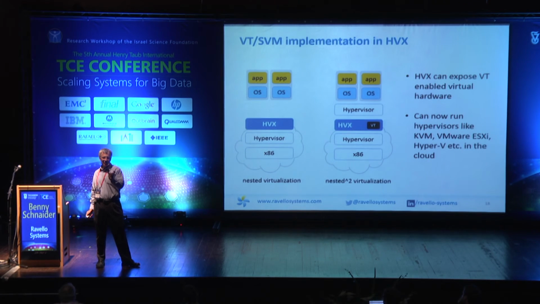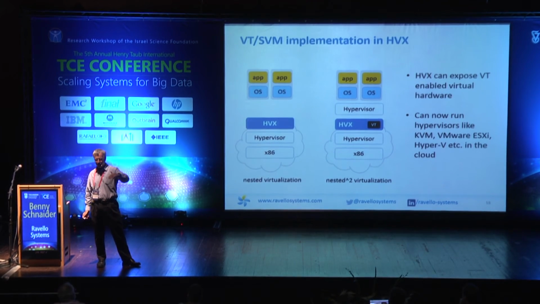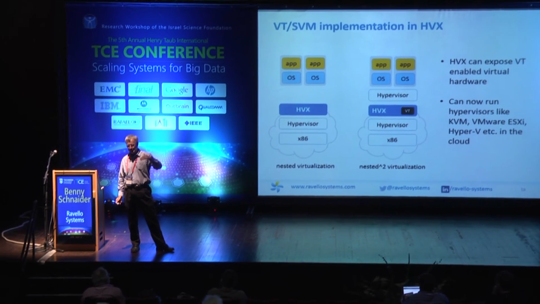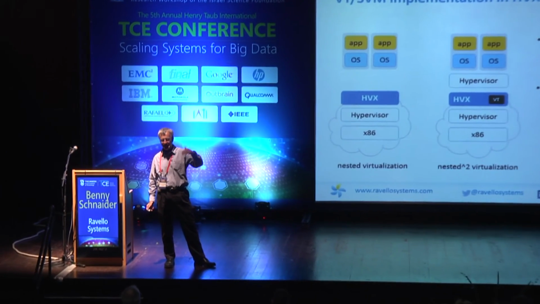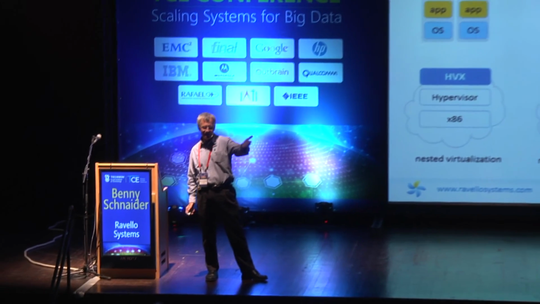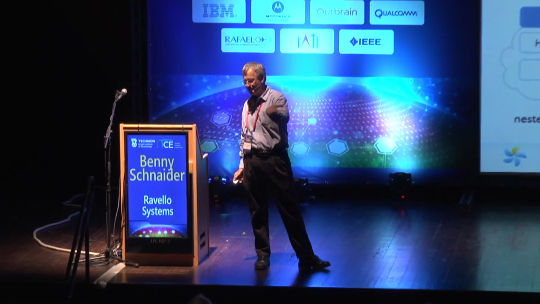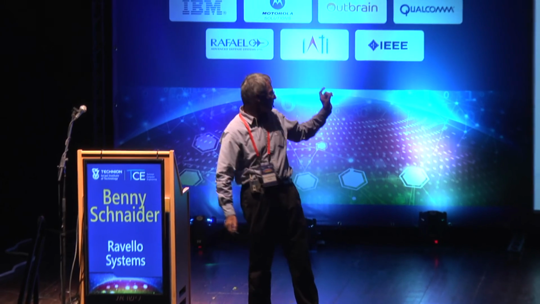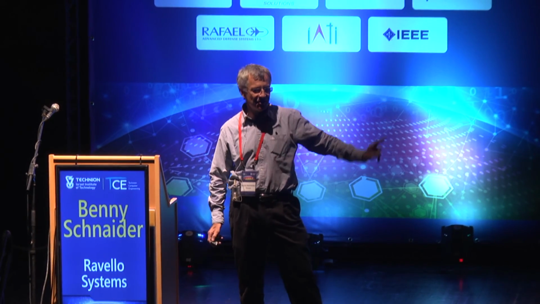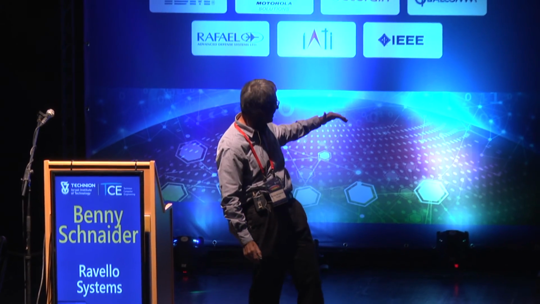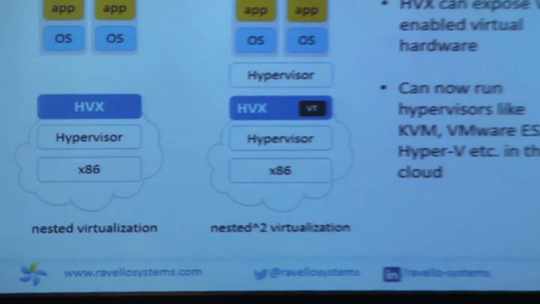Now, I told you already that what we have done in Ravello, we basically took virtualization to the next level, and we have done nested virtualization. So you can imagine what we will do: like a mathematician, you have solved the n problem, you're going to solve the n+1. The n+2 problem is going to be what you see here on the right side. Rather than running a regular VM on the HVX, we can run a hypervisor.